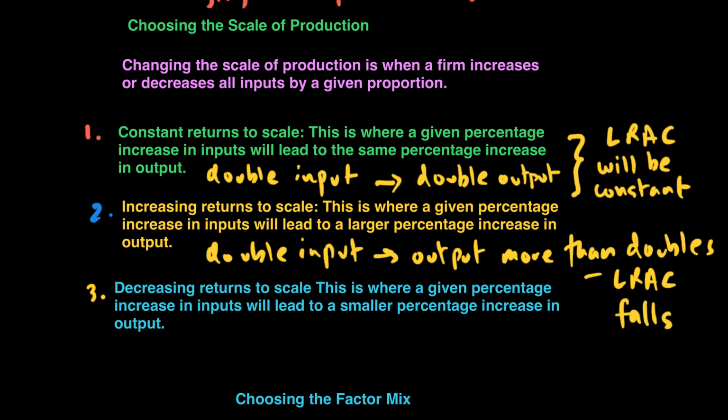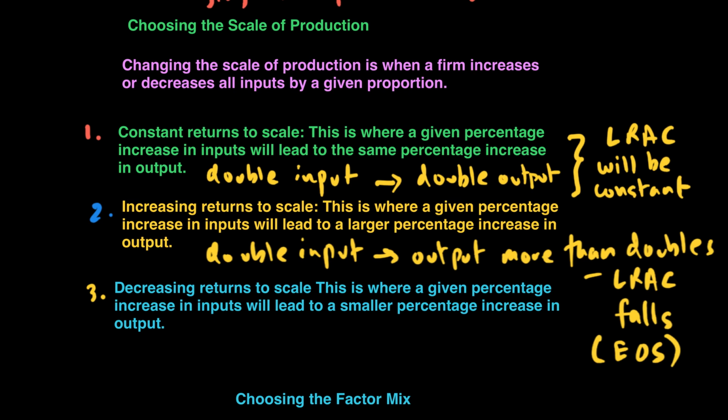In this case, we are finding what we also call economies of scale. Economies of scale by definition mean changing the scale of production and having a lower average cost. So long run average cost falling means we are achieving economies of scale.